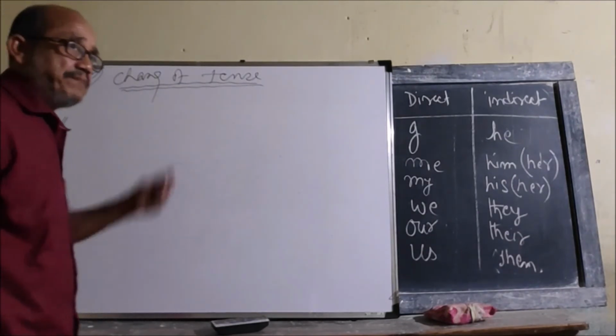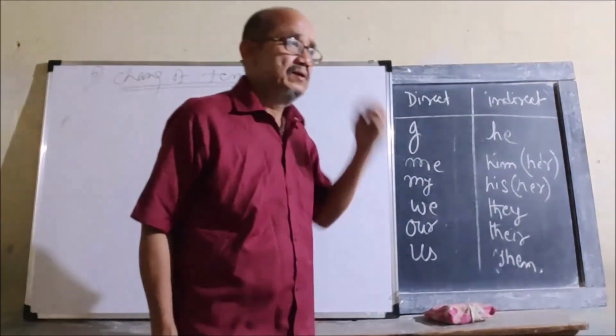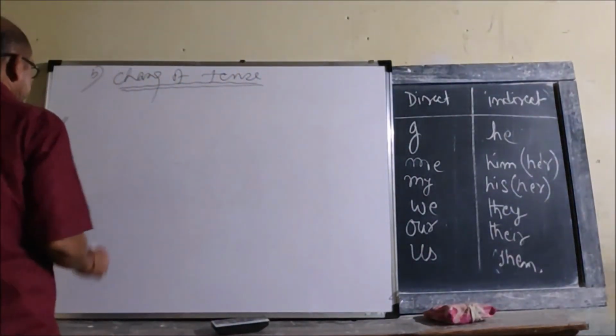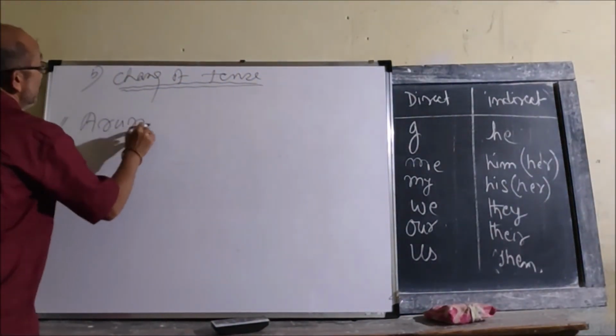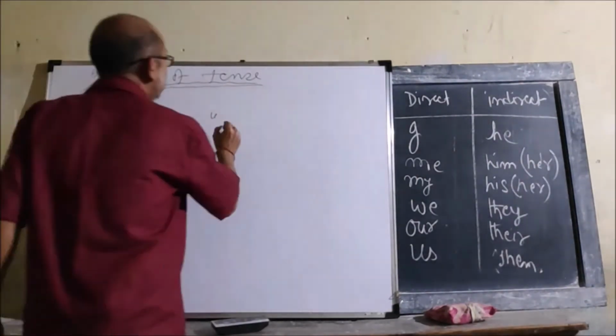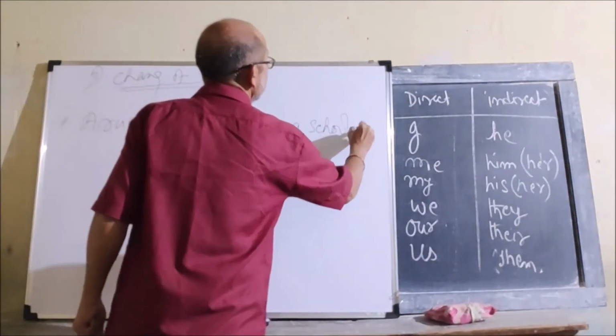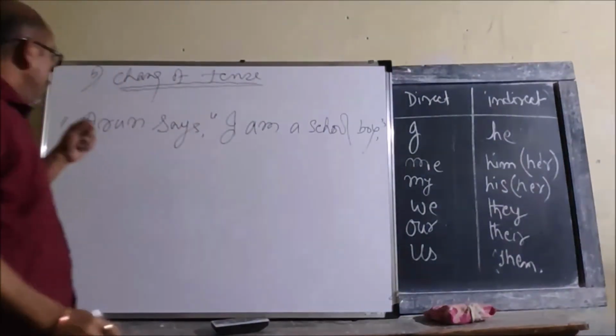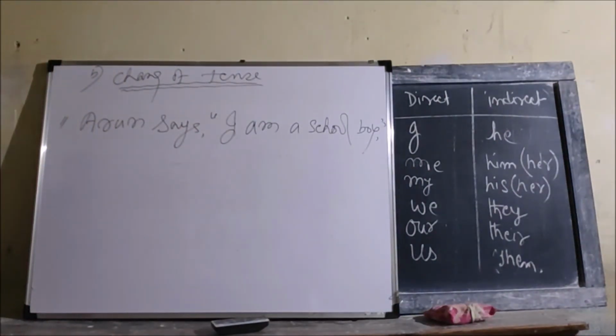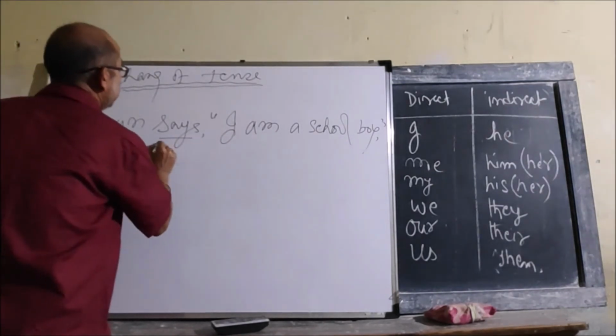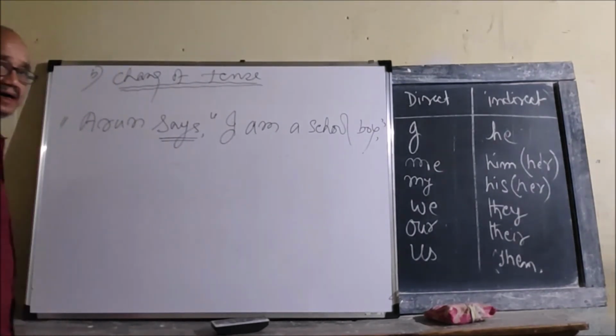But only the verb is changed according to the subject. Suppose Arun says, I am a schoolboy. Here you see, this "says" is the reporting verb.